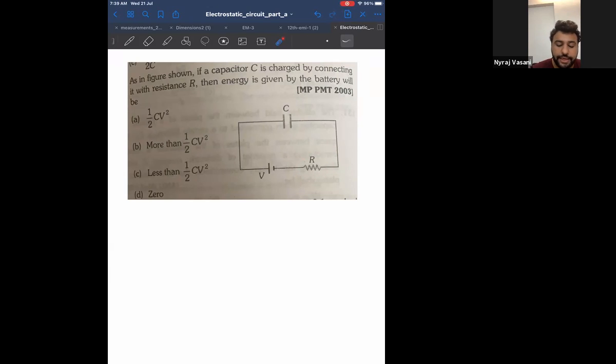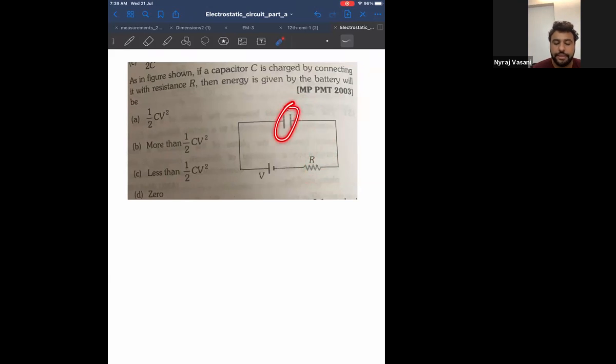But sir, when the resistor is connected, heat is given off, right? Because it is heated. I mean, the resistor is heating. So won't the energy be less than half CV square because the energy is getting wasted? But heat is a form of energy. Now, can I say if energy is getting wasted over here, and my total energy in the circuit is half CV square, my energy has to compensate for the heat that is lost in the system, correct?